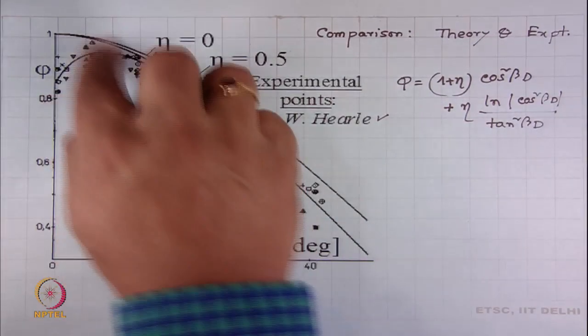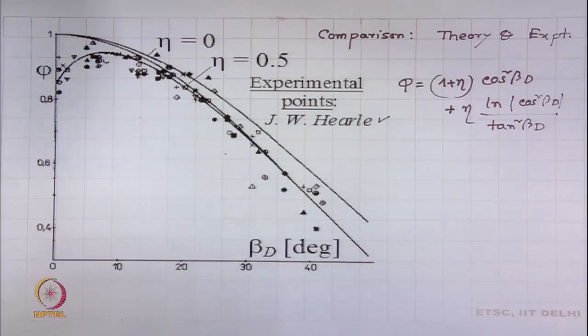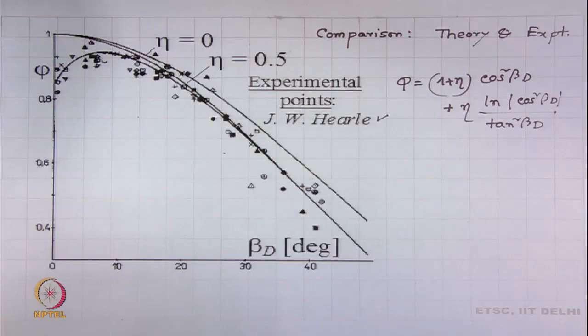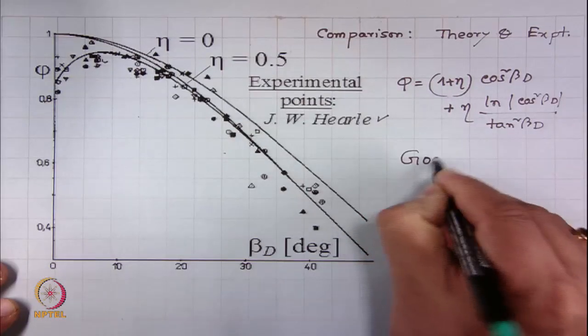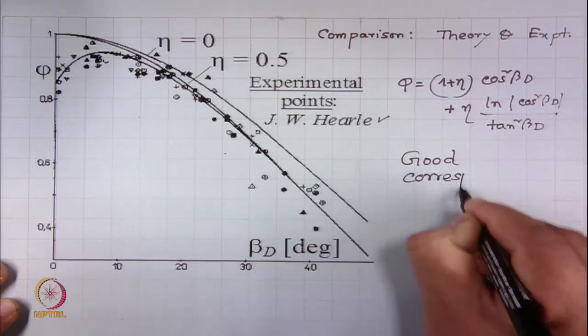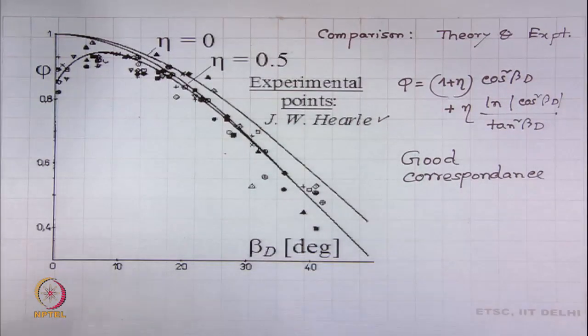In this part there was little deviation, and that could be probably explained by some other phenomenon. It is related to crimp variability in fibers in yarn. So, in this particular part there is a very good correspondence obtained between theory and experimental results.